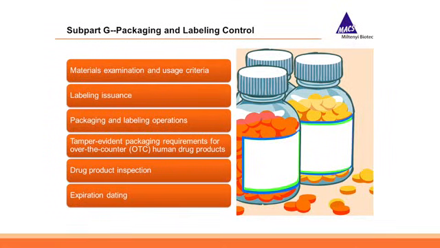There are strict guidelines about the issuing of labels, and there should be strict control over the issuing of labels for use in drug product labeling operations. There shall be procedures in place to ensure that correct labels are used and mix-ups are prevented.